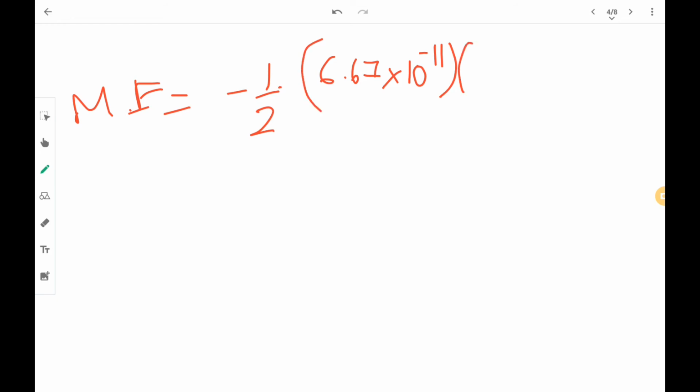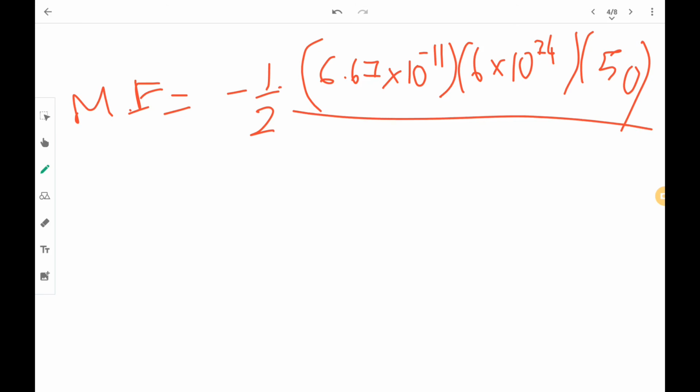You can substitute minus half by 6.67 times 10 to the power of minus 11 multiplied by the mass of the earth, 6 times 10 to the power of 24, multiplied by the mass of the satellite, 50, over the total r, which is 6.4 times 10 to the power of 3 plus 1.6 times 10 to the power of 3.